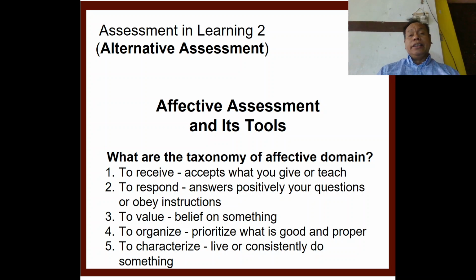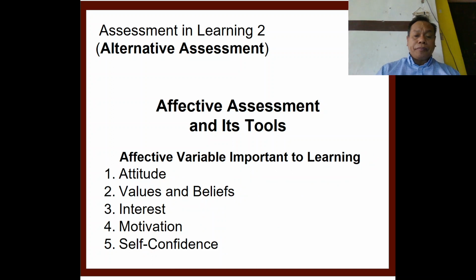To value, it means that a person believes on something. Okay? To organize means to prioritize what is better, what is good, and proper. While to characterize is to consistently do or live using or believing or doing something.